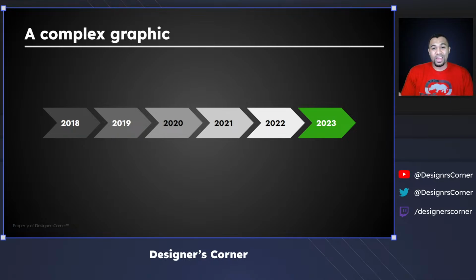I've highlighted that in green. So not only can we use different shades and values, but we can also use color as well. We've used a simple shape. We've used contrast by varying the value of black and white in each different instance of the arrow. And we've also introduced color.